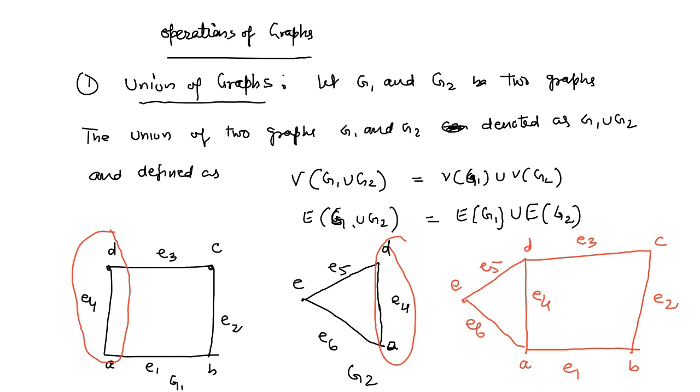So this is the union of G1 and G2. We write vertex of G1 union G2 is vertex of G1 union vertex of G2. So if at least one vertex is the same in both graphs, we can make the union of the graphs.